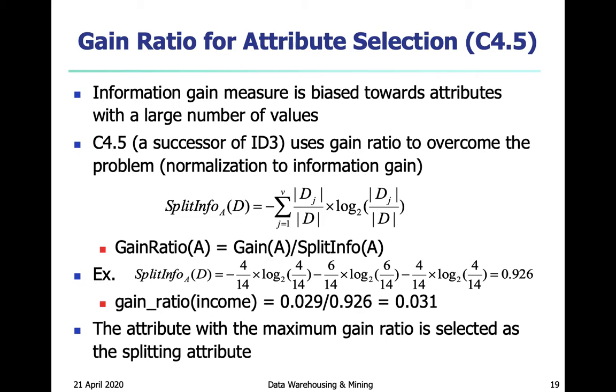So by using this gain ratio also you can find the best attribute. The attribute with the maximum gain ratio is selected as the splitting attribute.